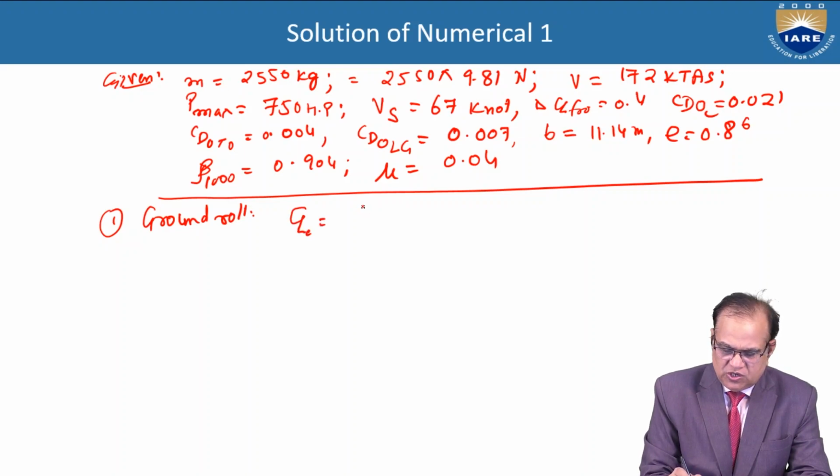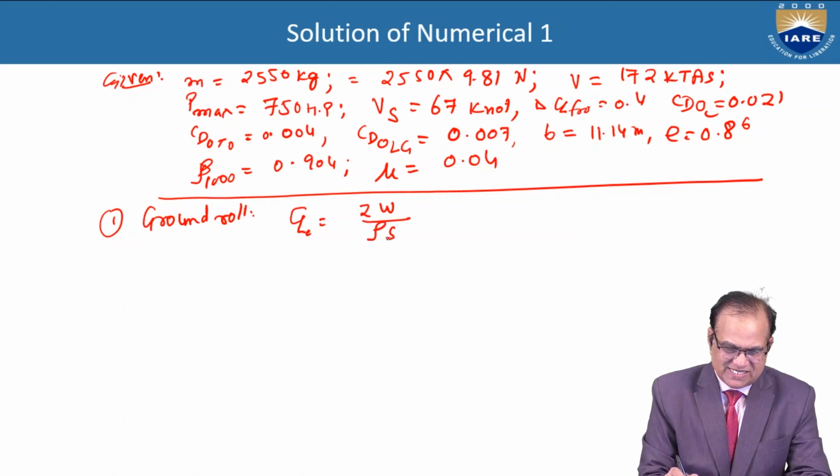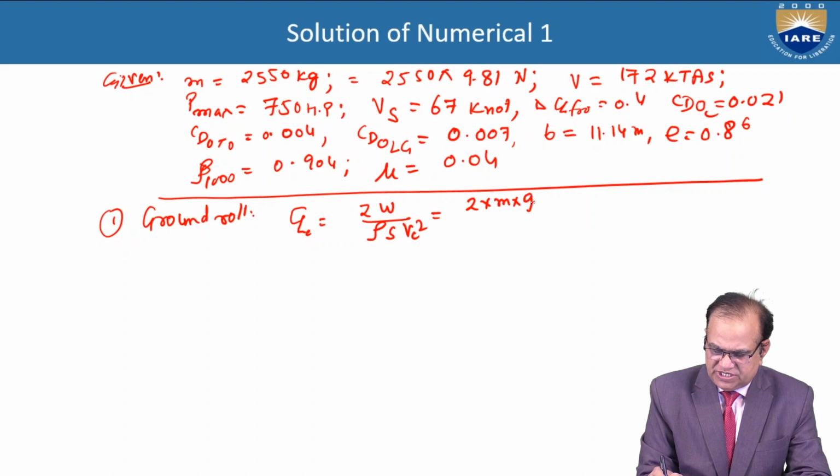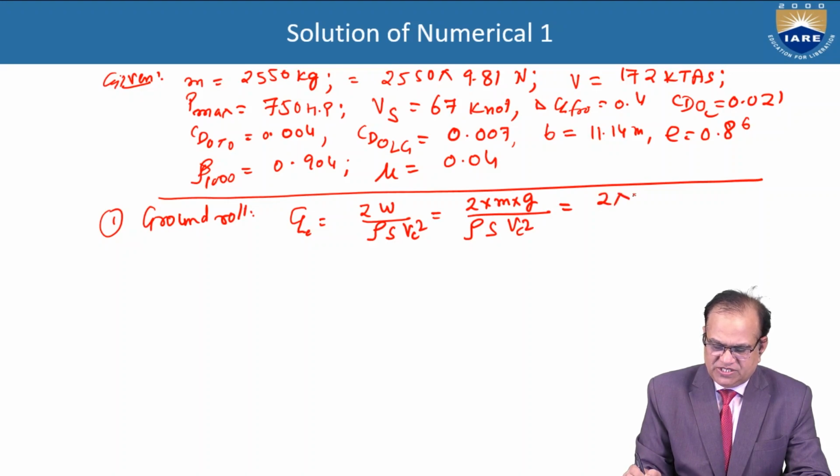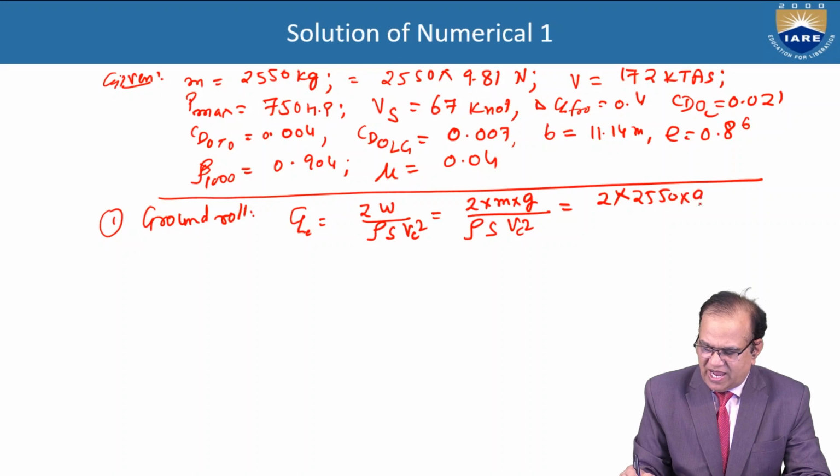We know that CL cruise is equal to 2W by rho S VC square, and W is equal to mg. So 2 into m into g divided by rho S VC square. 2 into m is 2550 into 9.81.